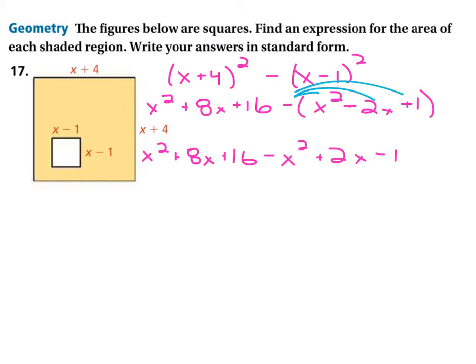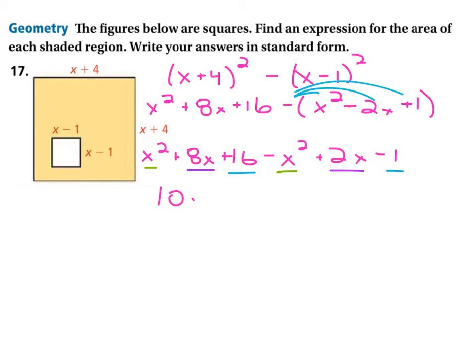Now we can combine like terms. What are the like terms? Well, we've got x squared terms, and we've got x terms, and we've got constant terms. Okay? So we're going to do the x squared terms, the green. x squared minus x squared cancels out. Just goes away. In purple, underlined in purple I mean, you see 8x and then you see another 2x.